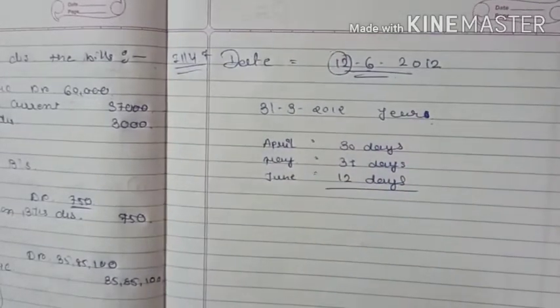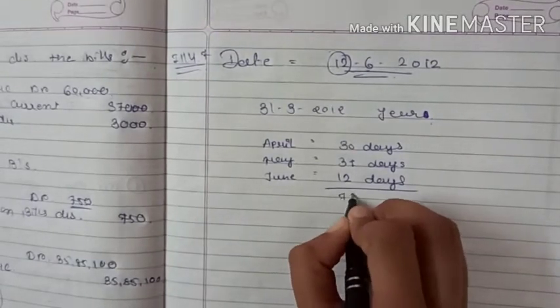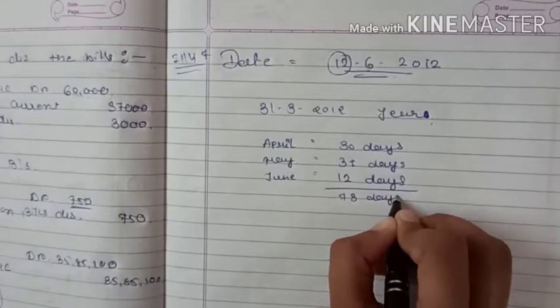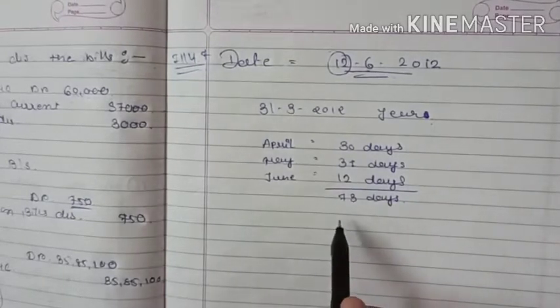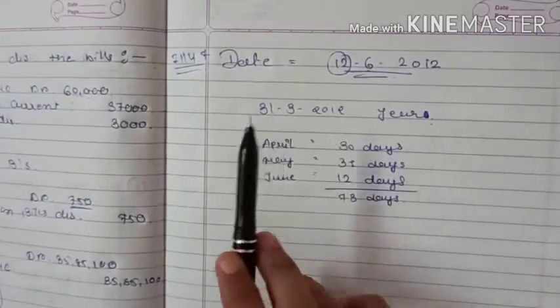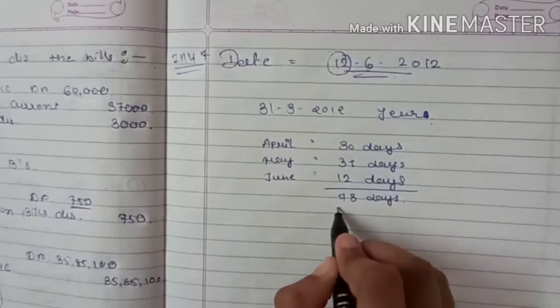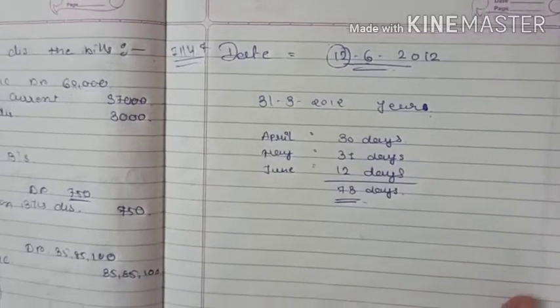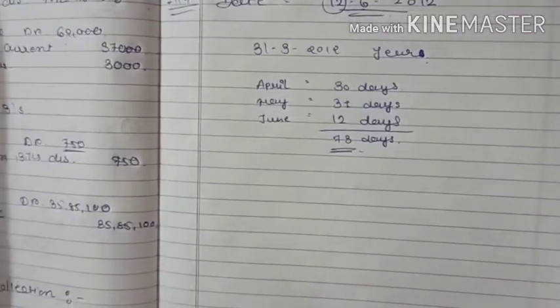Total days which are not covered in our year, there are 73 days. And the discount or interest on that rebate we have to calculate on the basis of 73 days. So let's calculate.